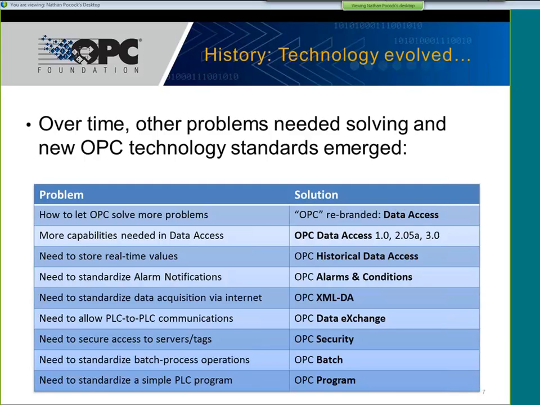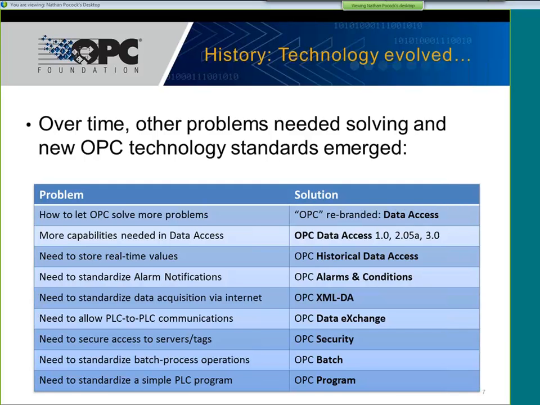So if we needed the ability to store and retrieve historical data, that became the standard for historical data access. So now there were standard ways of pushing data into a historian and getting data out. There was alarms and conditions, which was a standard way of generating event notifications and sending alarm notifications from a server to a client, a standard way of defining what an alarm condition was with subconditions and other logic that you could put in place.